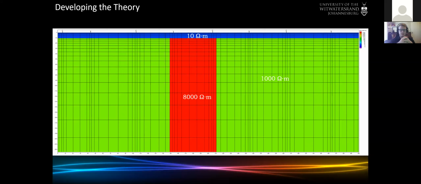If you remember from all your geophysics modules, you need a physical property contrast to map any type of change in geophysics. So this would make sense, because we have a 10 ohm meter overburden, and just underneath it is an 8,000 ohm meter resistive dike. So let's see what happens when we do the inversion.